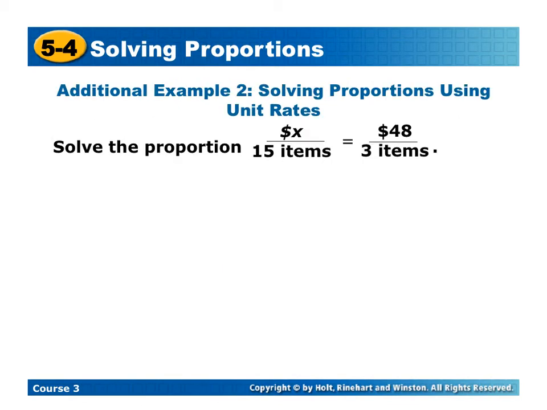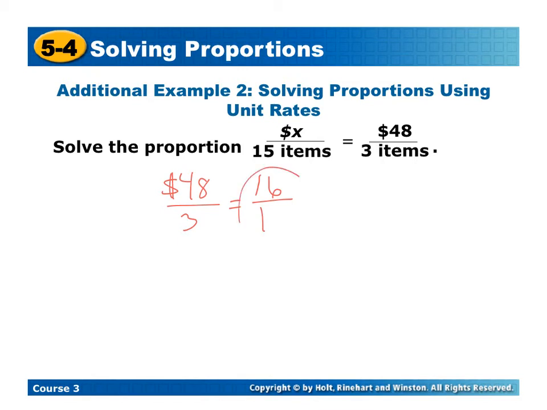We can also solve proportions using unit rates. So here we have one item, a price for 15 items is the same as $48 for 3 items. So since we're paying $48 for 3 items, we are paying $16 for 1.